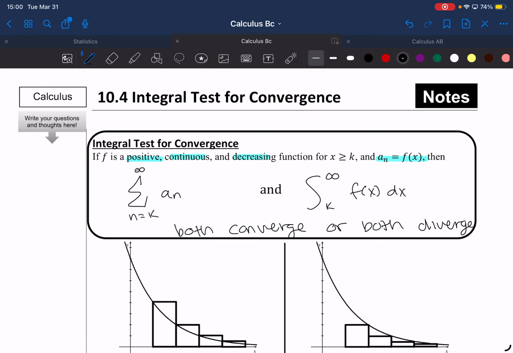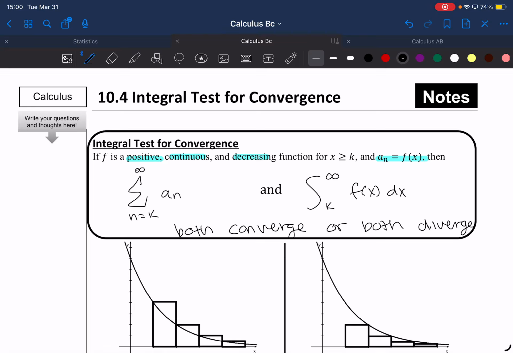Okay, it's very important that you underline or highlight positive, continuous, and decreasing. It has to be all three of those. So before you start any of the integral tests for convergence, your very first step is to make sure that your function is positive.